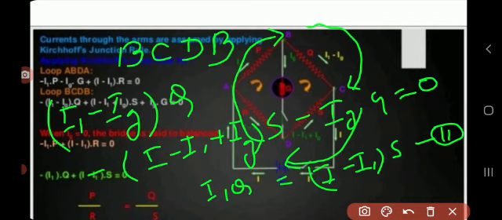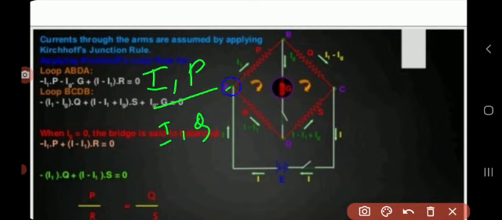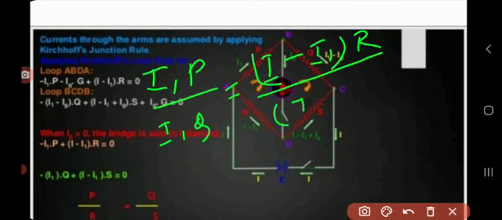Now, dividing equation 1 by 2, in the first equation we have I1P, and in the second equation I1Q equal to (I minus I1)R divided by (I minus I1)S.